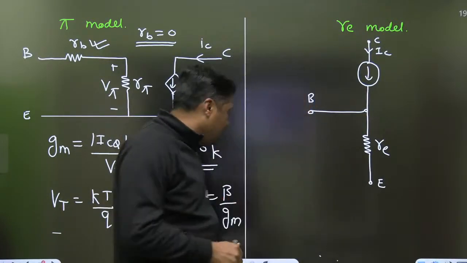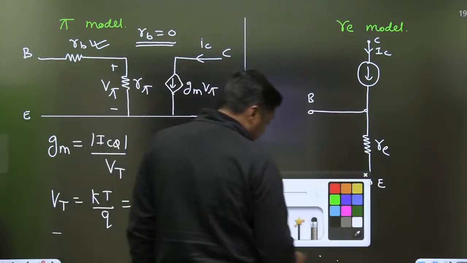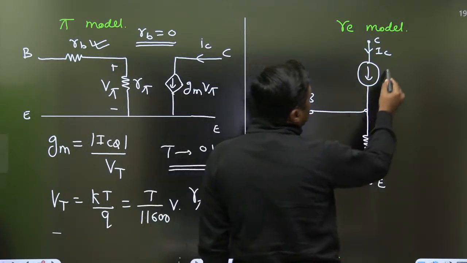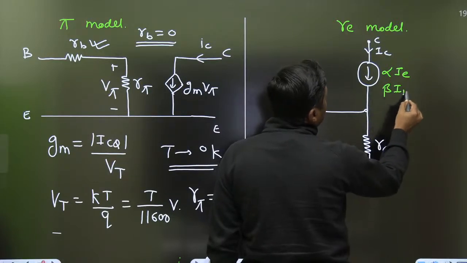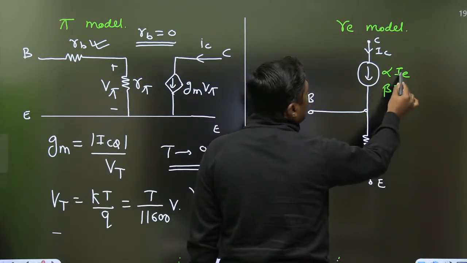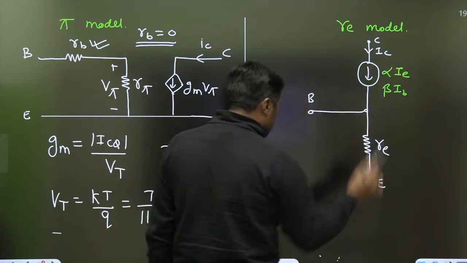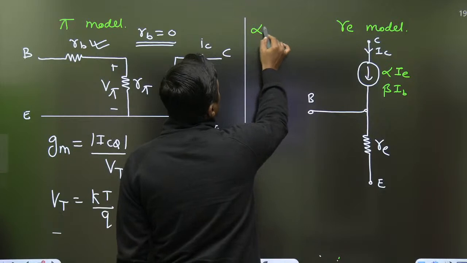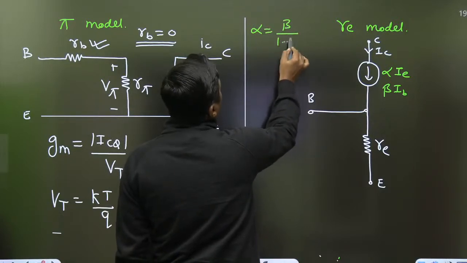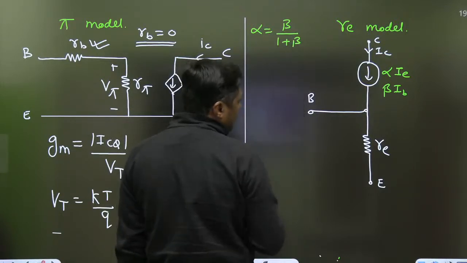We can put any value here. We can write alpha IE or beta IB. Yes, all are correct. So in the small signal model, what is the relation between alpha and beta? Alpha is equal to beta upon 1 plus beta.